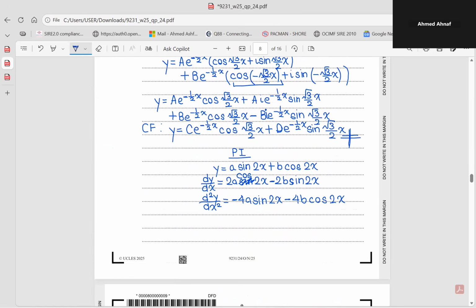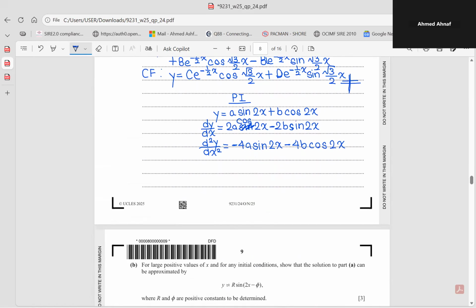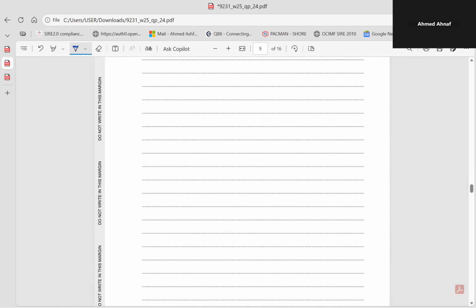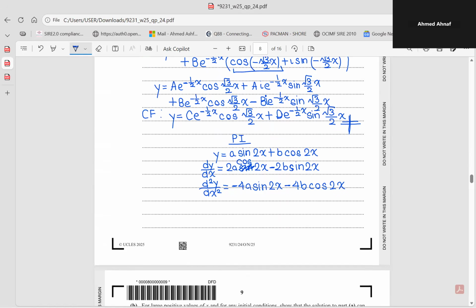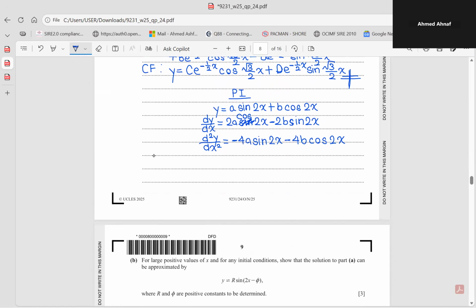Okay, so now, oh shoot, that's bad. Wow, why did they even give that much space? Anyway, let's just add them up. I'm just going to group all the sines and cosines together.